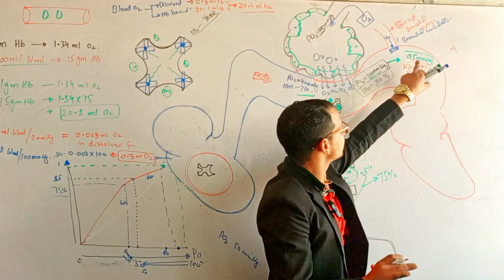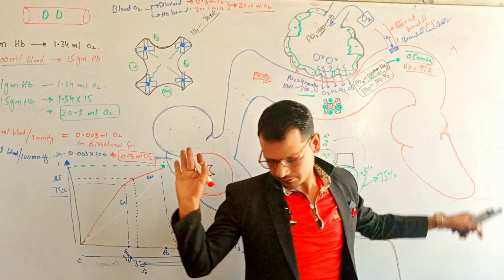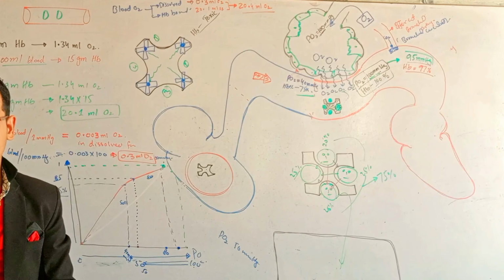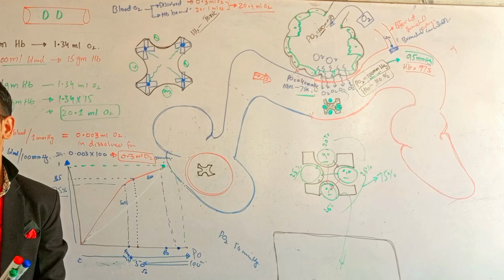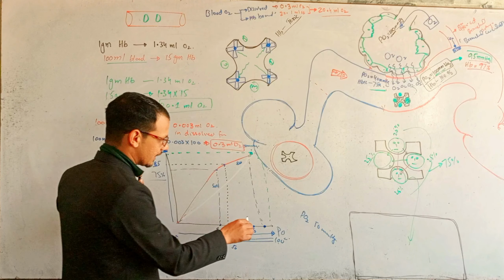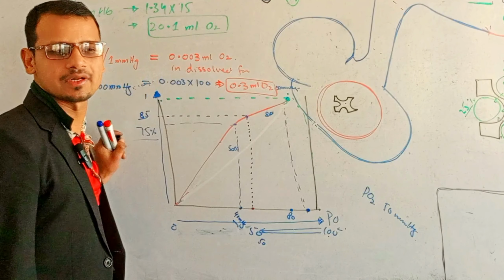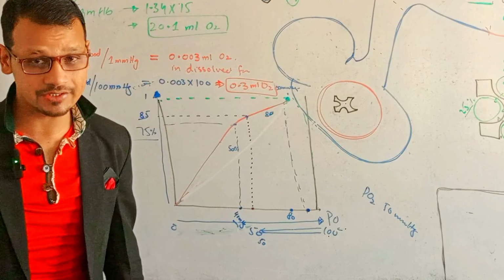When this partial pressure is decreased to 95, let me clear it for you. I have to give you a very clear concept, right? For example, I am drawing another graph with this graph, which is for the content or amount of oxygen.